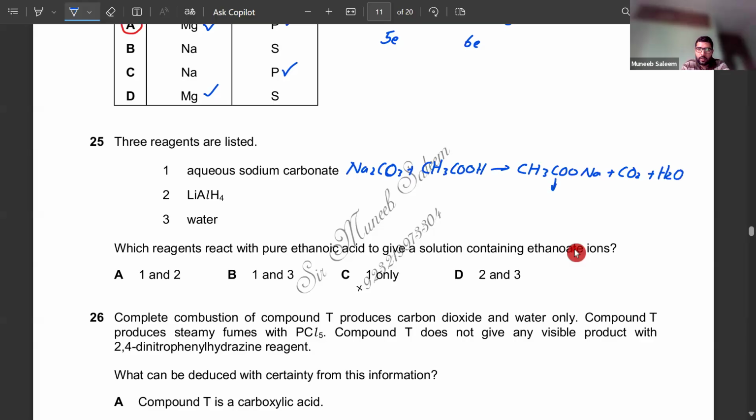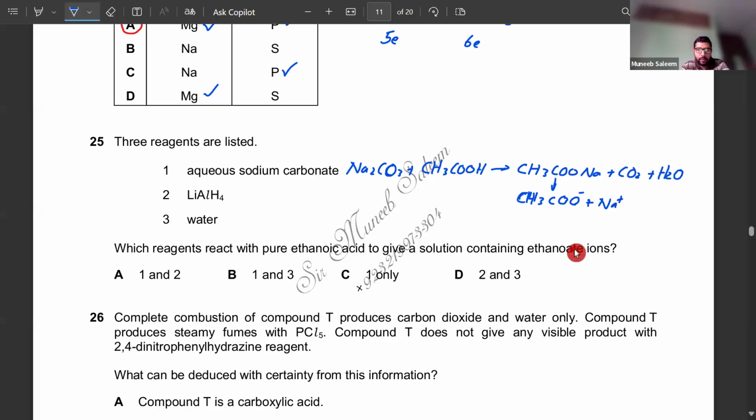Now in this CH3COONa, we have the ethanoate ion present. When it is dissolved in water, it will produce CH3COO negative, which is the ethanoate ion, plus Na positive.